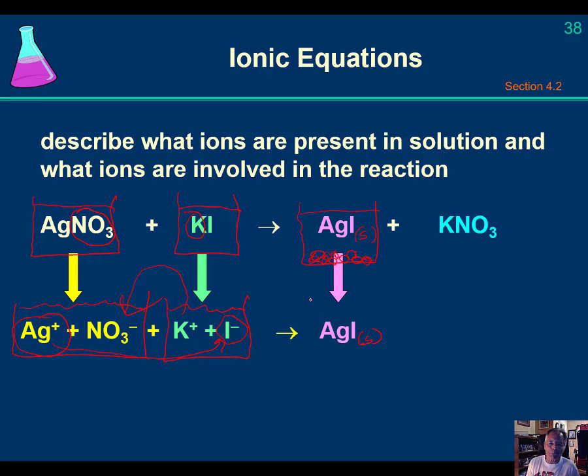So in that beaker with the silver iodide sitting at the bottom, eventually, it takes a little while for gravity to let it settle, I'm also going to have potassium ion floating around and nitrate ion floating around.